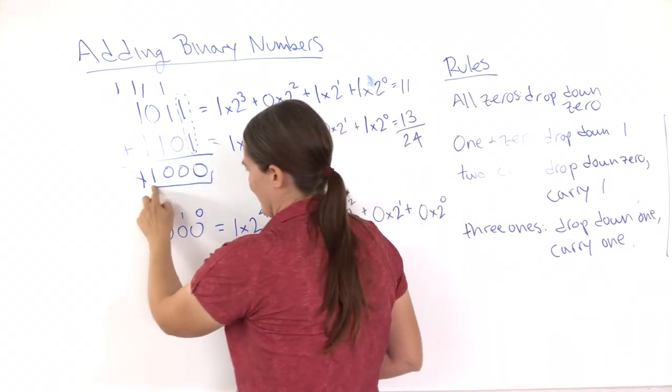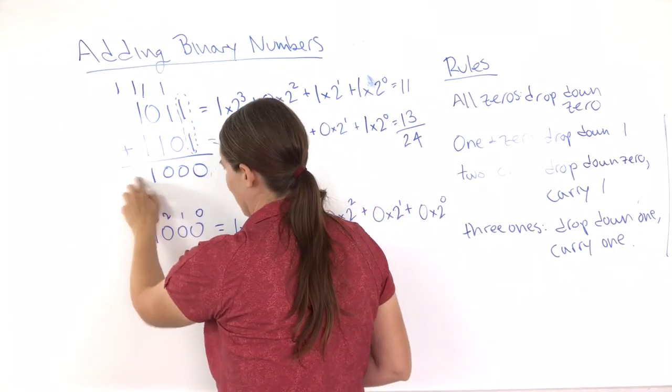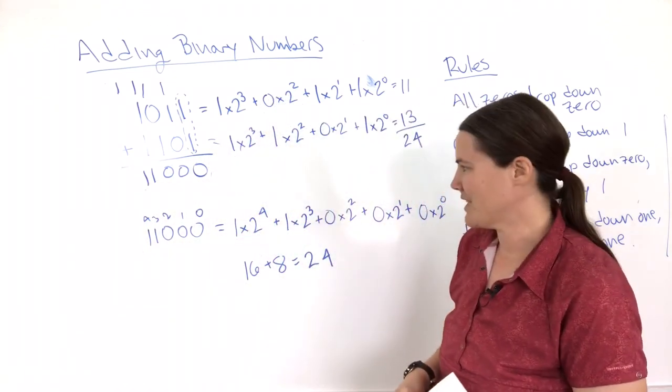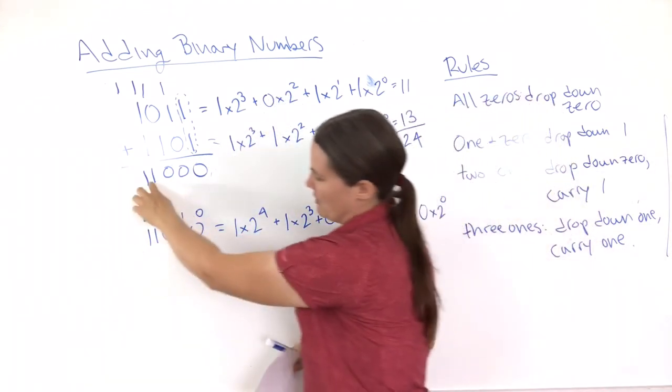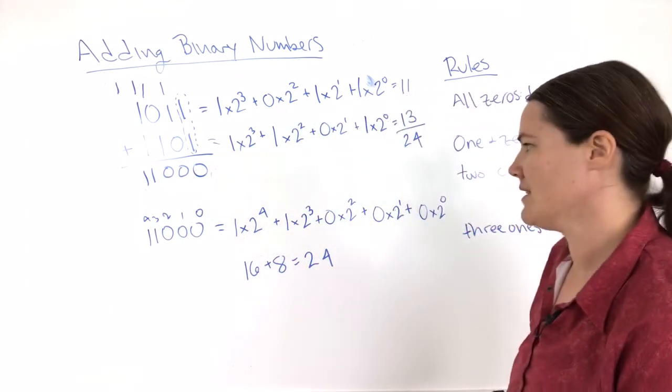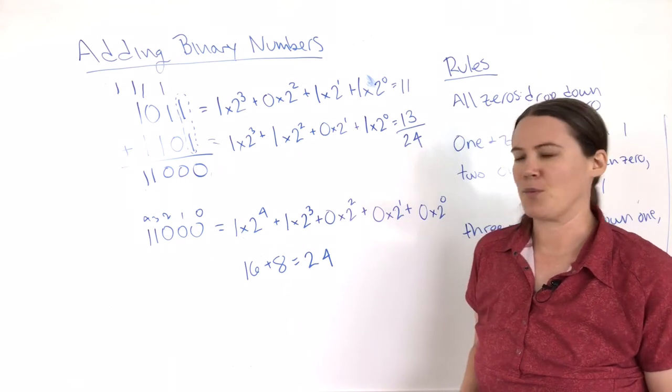But since I assumed that we had 5 bits available, we got the correct answer. If this bit were being cut off, that would be an example of an overflow error, and that's something you'll learn about as you go further into programming.